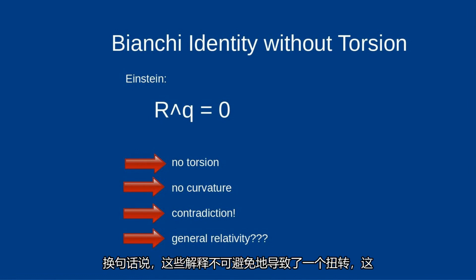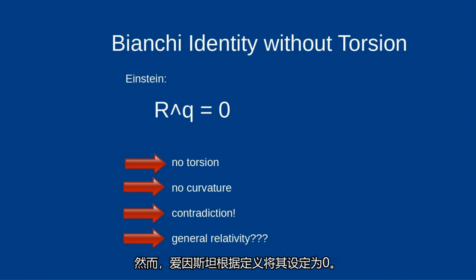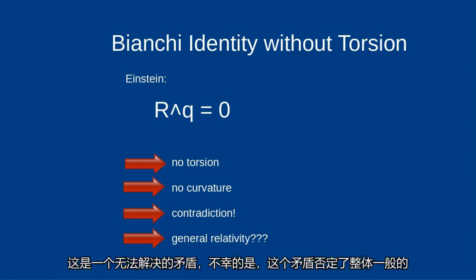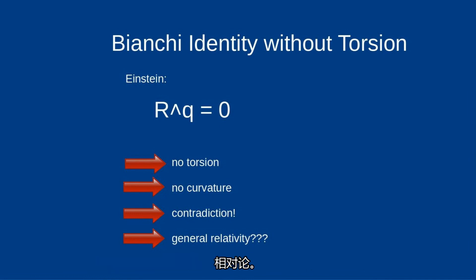In other words, these solutions inevitably lead to a torsion, which, however, is set to 0 by Einstein by definition. This is an irresolvable contradiction that unfortunately falsifies the entire general theory of relativity. Einstein's field equation can only be derived from the Cartan geometry in certain cases of approximation.